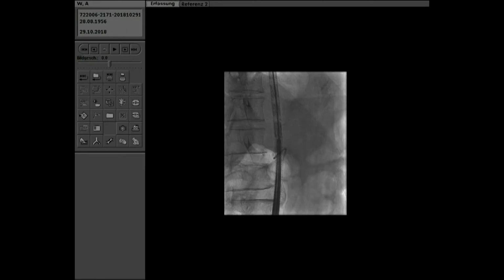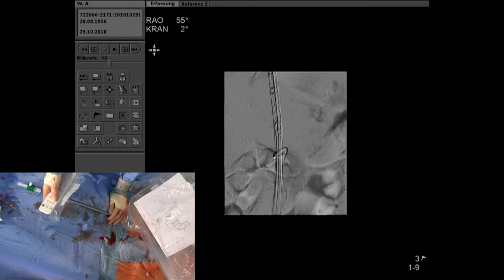Of course, CIDR overlay is helpful here, and we knew already the position of the celiac trunk, so we could position our angiogram catheter here, quite nice at the level of the celiac trunk, and we see the distal ending of the stent graft in a good position, and we were happy with that.